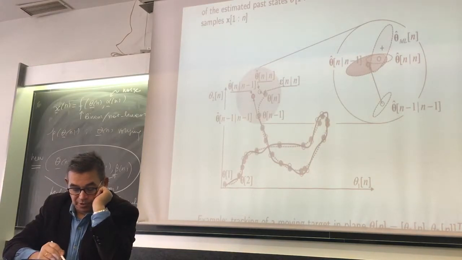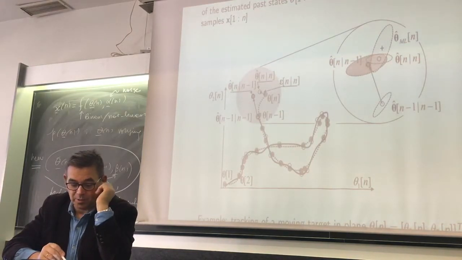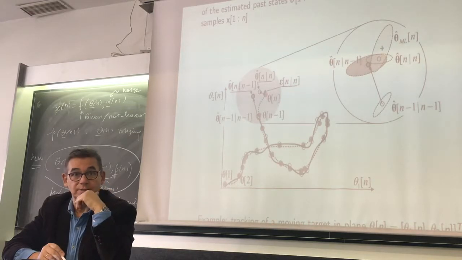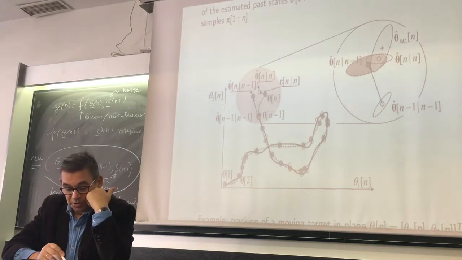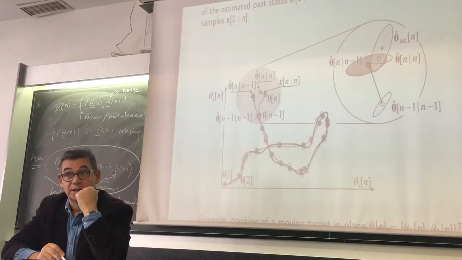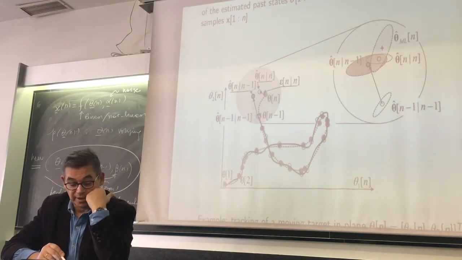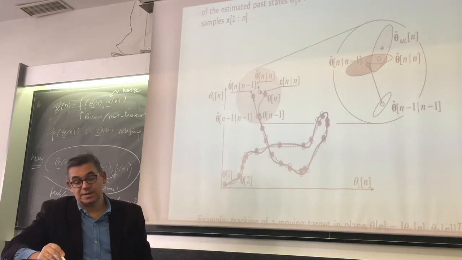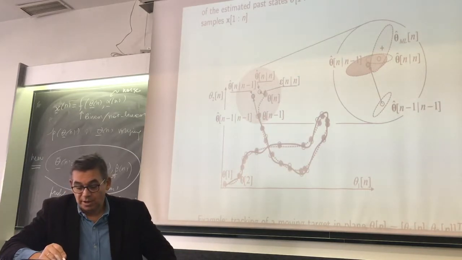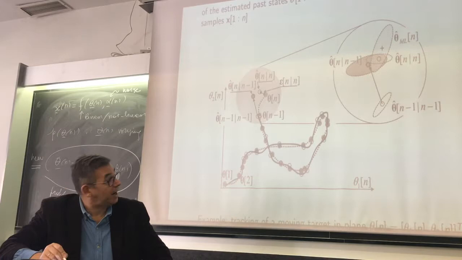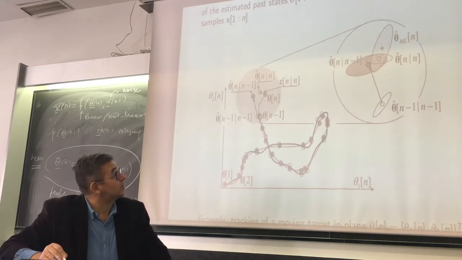Then it's moving. Now imagine that we are at position n-1. In this context, there is a jargon, so let's discuss the jargon a little bit. Theta n-1, in gray, is the true position of the target.